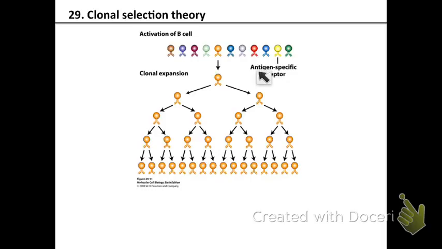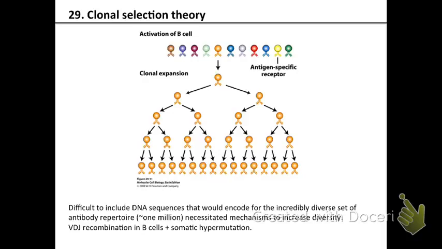All right, let's say there was an infection and a certain antigen that can bind to this receptor binds to it. What it does is it activates the cell to divide. Now you make many of these immune cells that are going to produce lots of antibodies against this antigen, and the immune system is going to attack these antigens and clear whatever the infection is there, right?